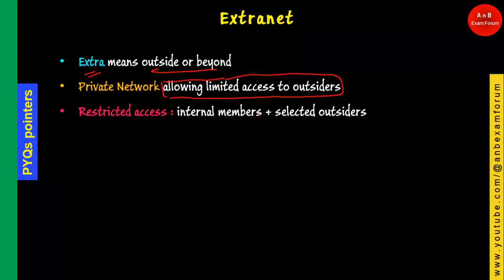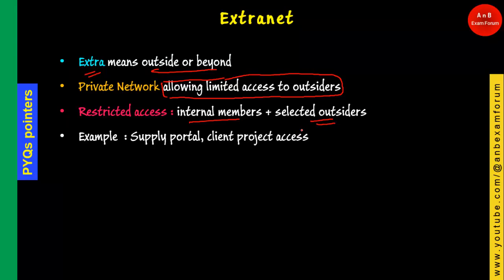Access will be for internal members and the selected outsiders who are going to access the network from outside. It can be a supplier portal or client project access. Suppose I am working on some project for another company and I want to access their email system. So they will provide me the access to their intranet.